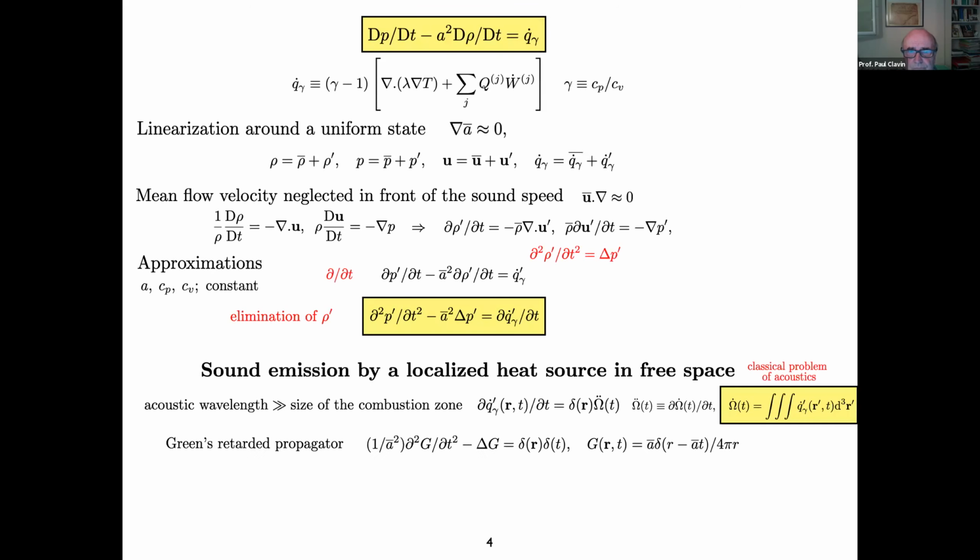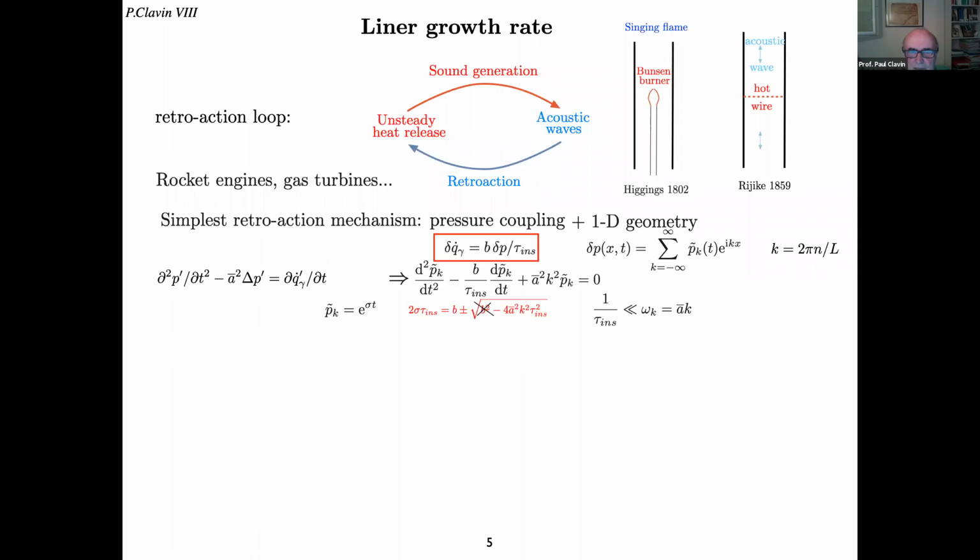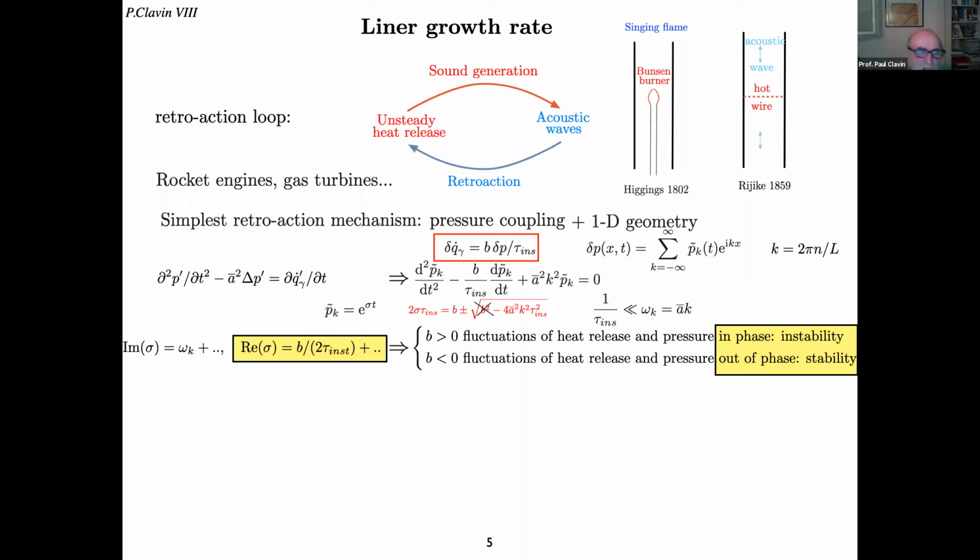Now it's clearly the real part of the complex growth rate. According to this equation, it is B divided by tau, the instability.